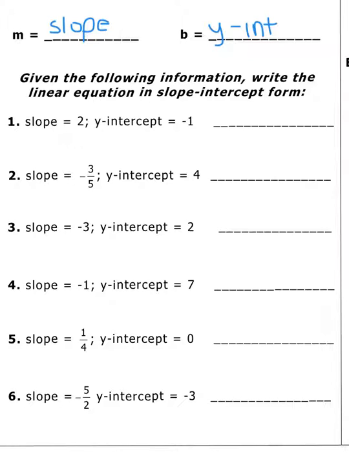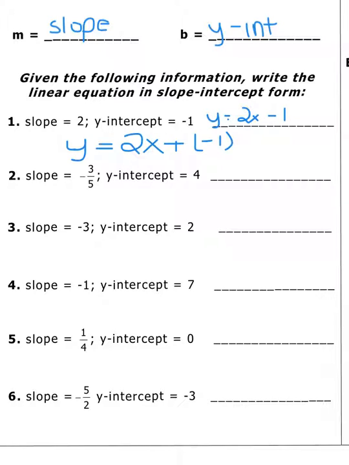So we have y equals, m stands for slope, and our slope is 2, so we have 2x plus whatever our y-intercept is, which is -1. When we have plus a negative number, we can just write that as minus. So you can leave it as plus -1, or you can write y equals 2x minus 1.